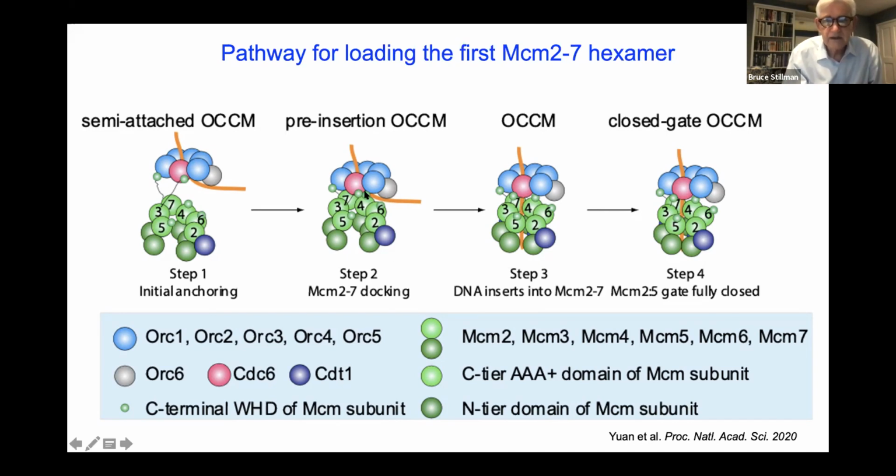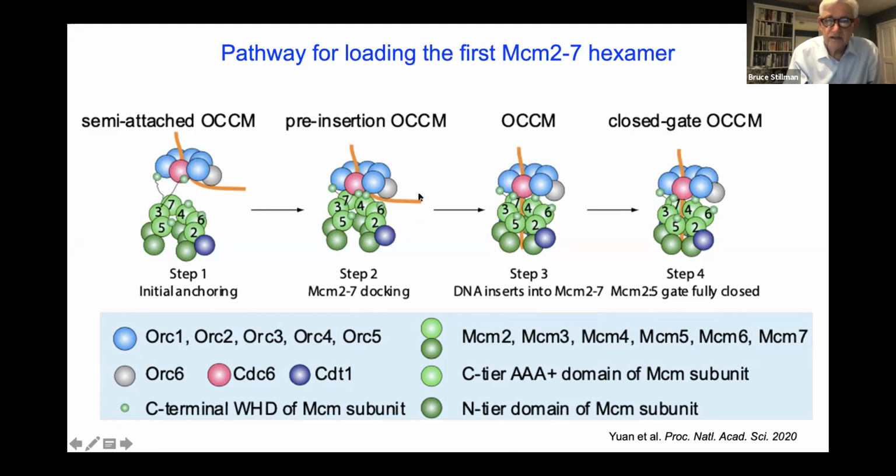The next step is that you get additional docking of additional MCM winged helices to the winged helix domains of ORC and CDC6. So the winged helices come together to form structures that bind these together. First there's MCM3 and 7 binding to ORC6 and ORC4 and 1. And then the winged helix domains of MCM4 and MCM6 come in and bind to the ORC CDC6 complex.